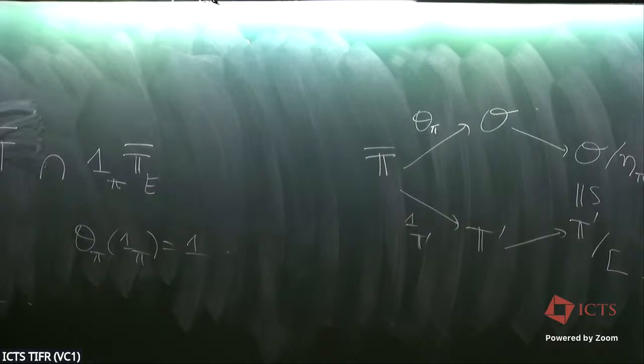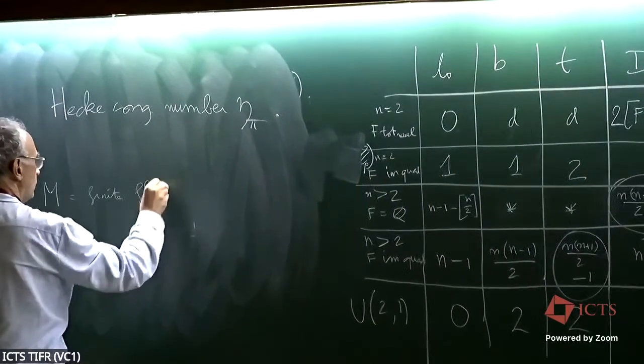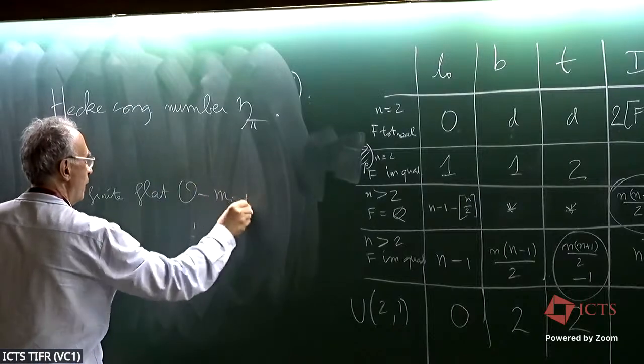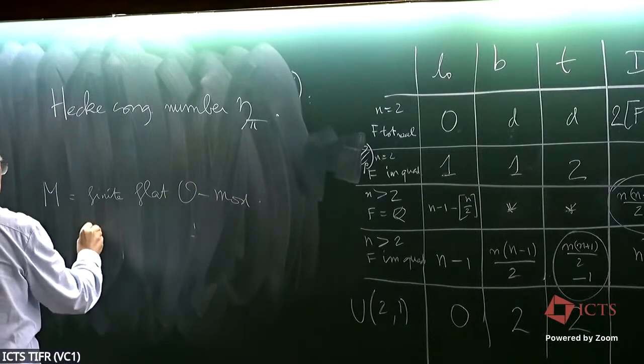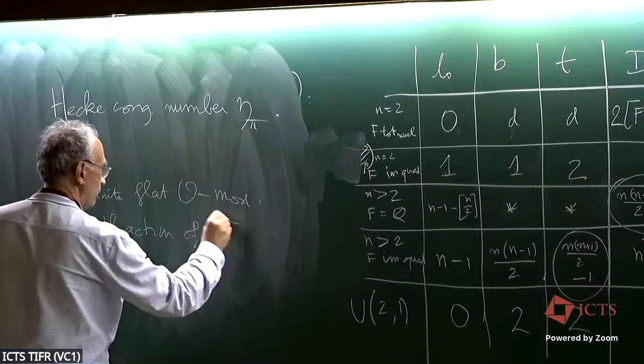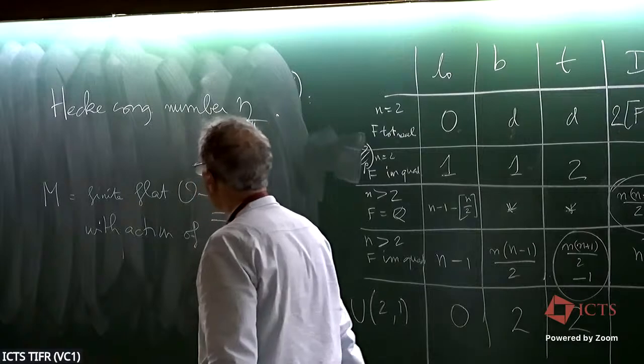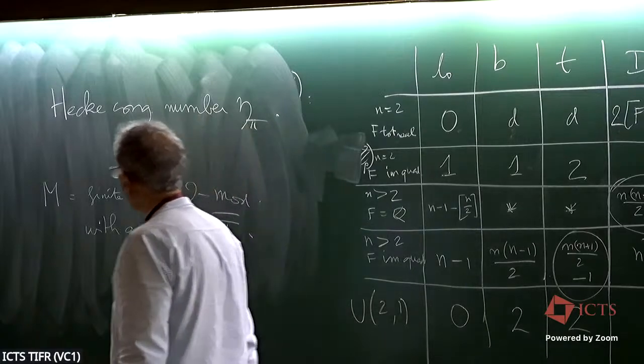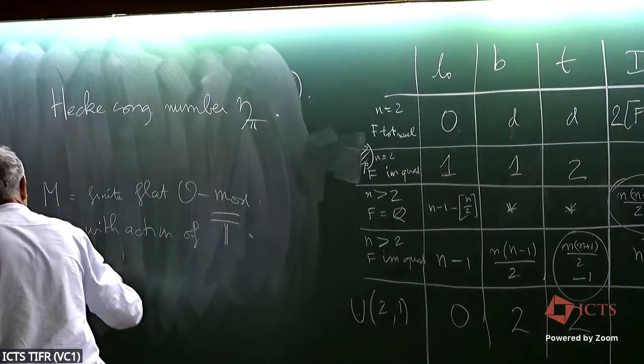Now we fix a module. M is a finite flat O module, and we consider it with action of T bar. So it's a module over the Hecke algebra, which is finite flat over O. Now we will define the M congruence number.